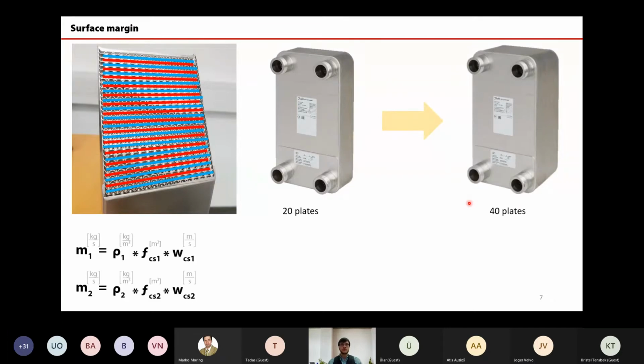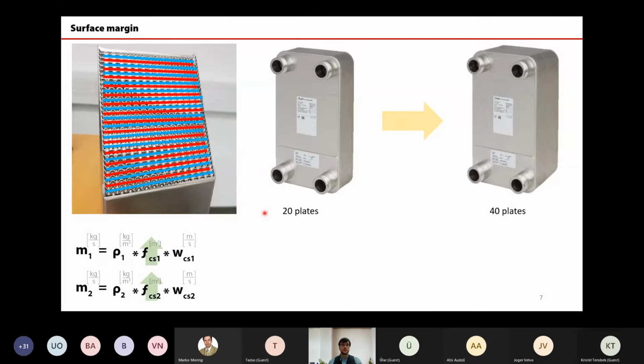If we write these continuity equations for both sides, we see that simply by increasing the number of plates, I increase the number of channels. By increasing the number of channels, I actually increase my cross-sectional area for the flow.